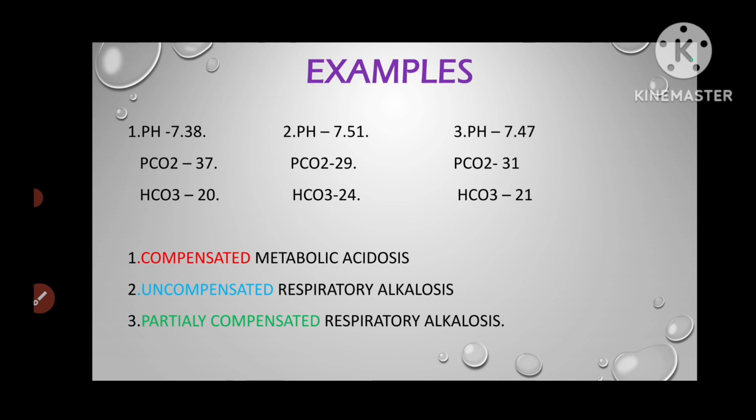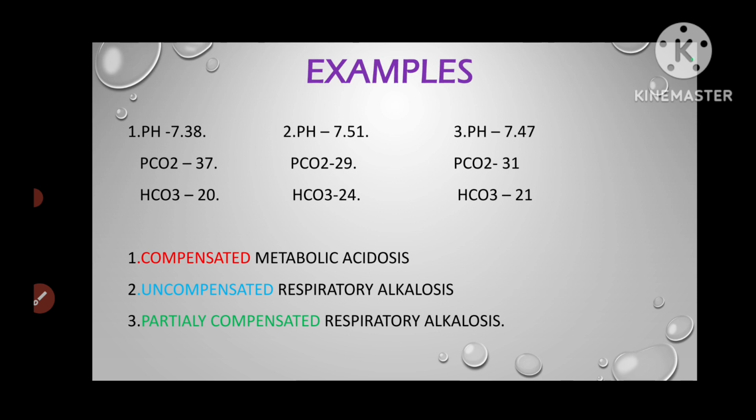Here the pH value is increased and the PCO2 value is decreased, so opposite direction, respiratory opposite, which means respiratory alkalosis. Now we will check whether it is compensated. No, it is not compensated because the pH value is not between 7.35 to 7.45. Here it is higher, so we cancel compensated.